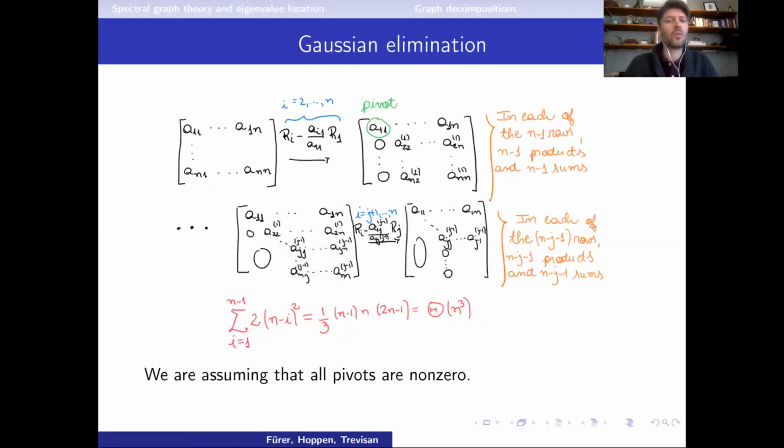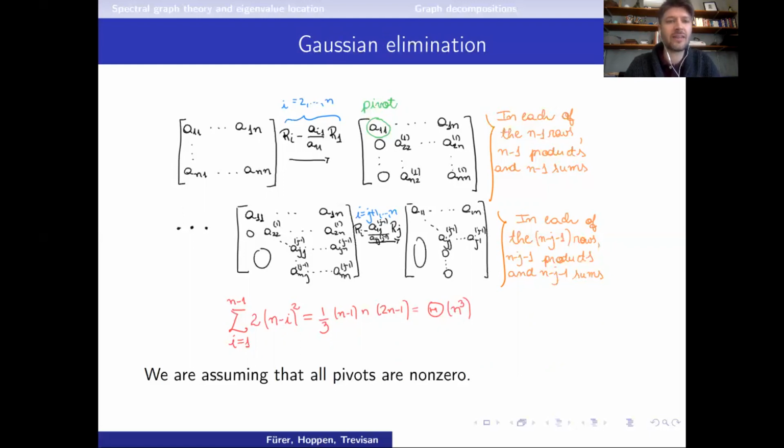Another problem that is quite related with what we're going to talk about today is Gaussian elimination. Everybody knows that from basic linear algebra. The idea is to start with a matrix, and we want to find a row reduced matrix in row echelon form.